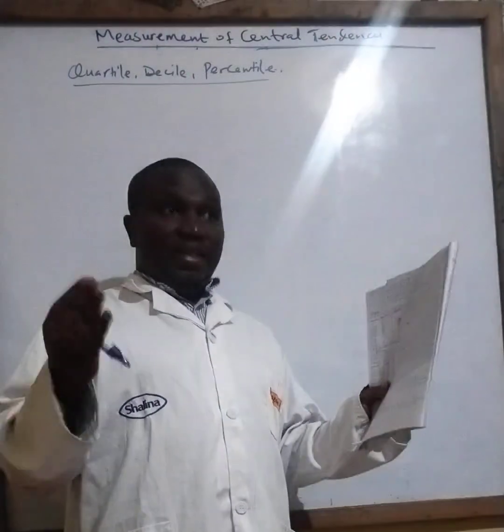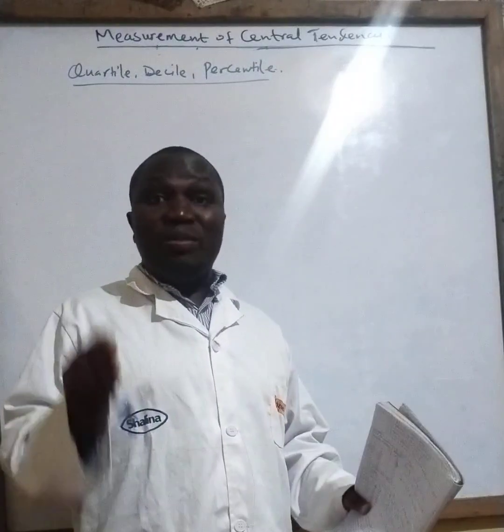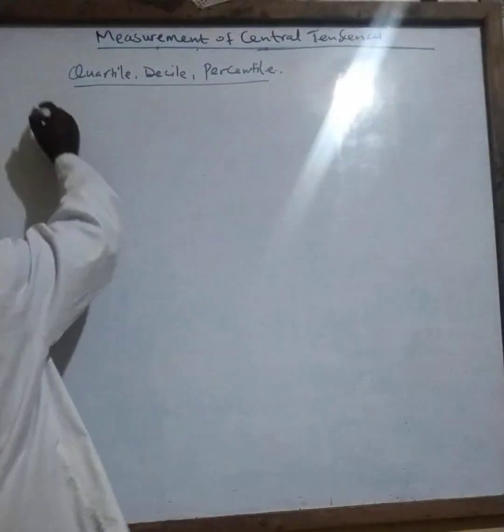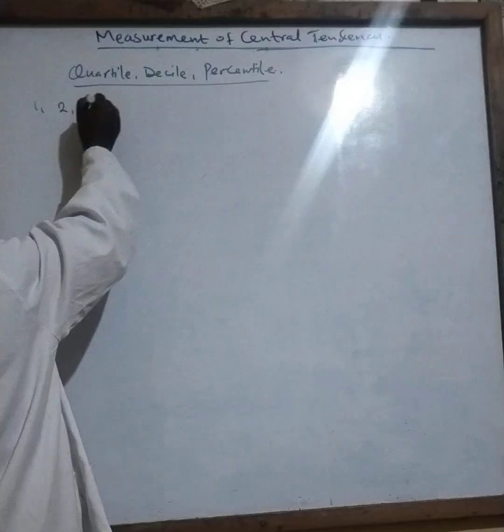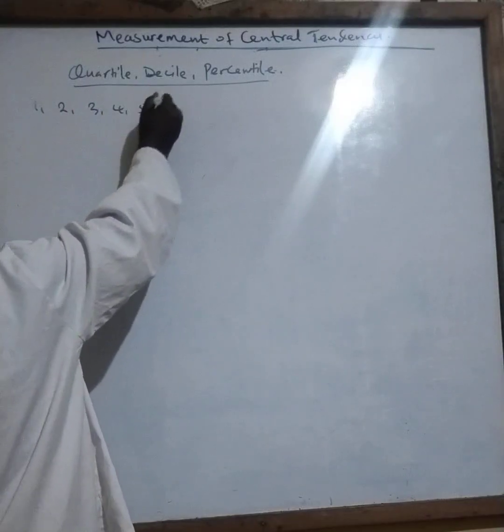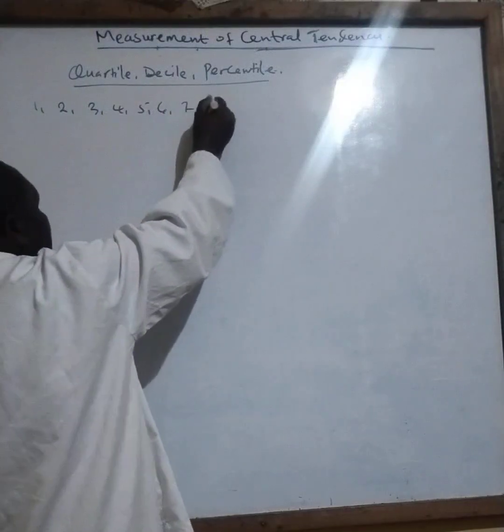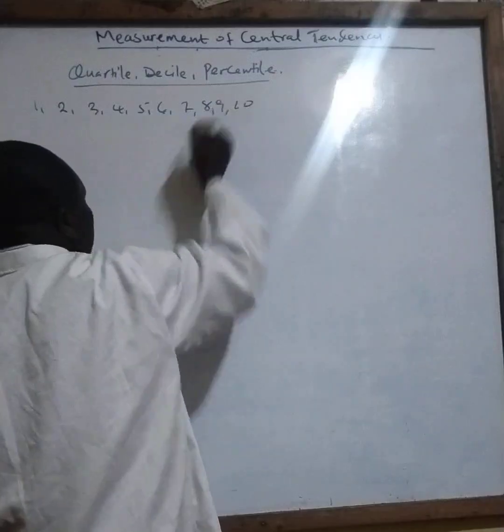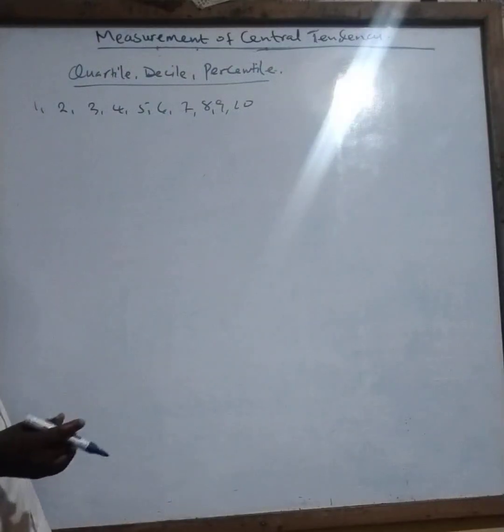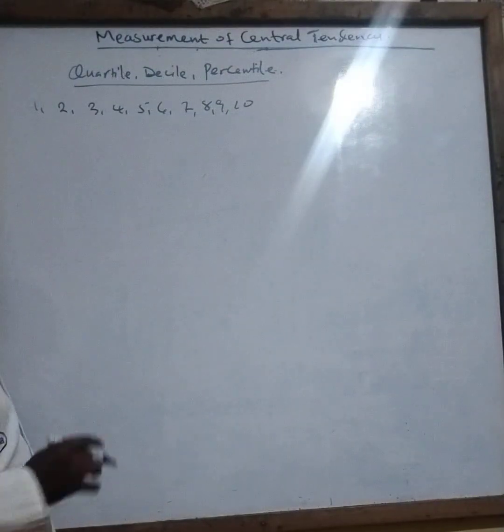If you divide the data into 4, look at what is going to happen. 1, 2, 3, 4, 5, 6, 7, 8, 9, and 10. For example, median divides this data into 2.